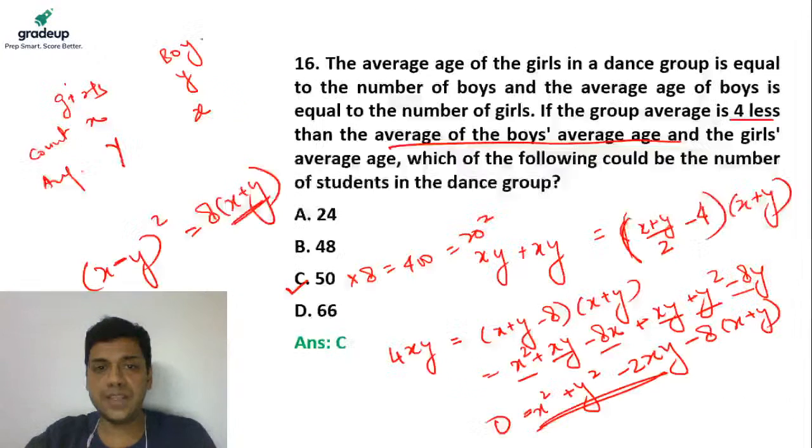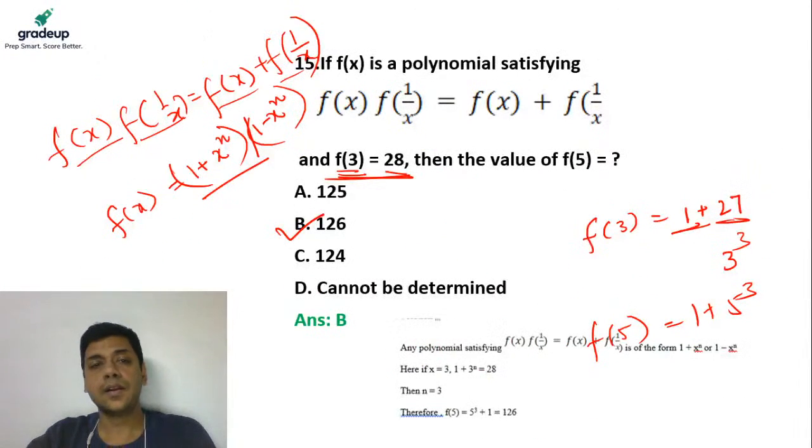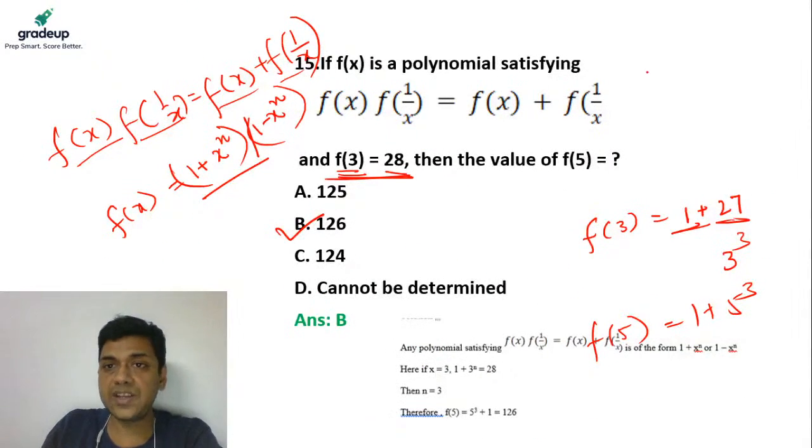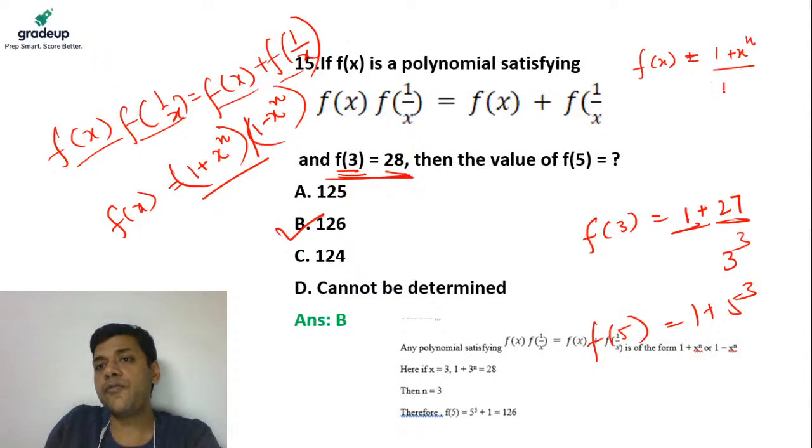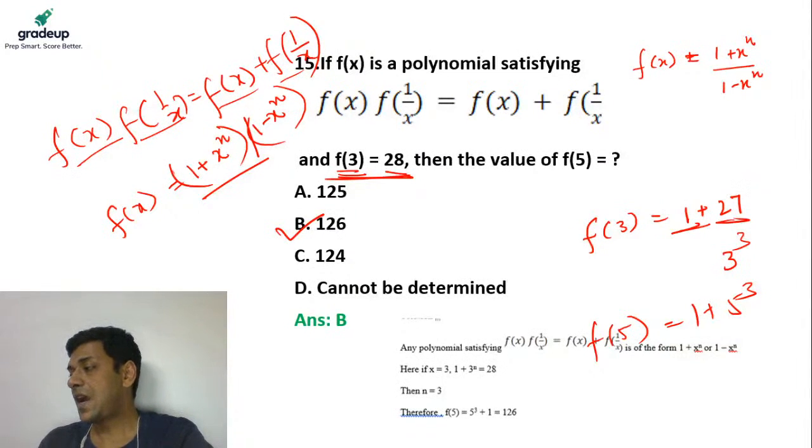Okay, Neeraj, 1 plus something, because I know that my f(x) has to be either (1 plus x) raised to power n or (1 minus x) raised to power n. So the minute I subtract 1 from my number, I will get x raised to power n.